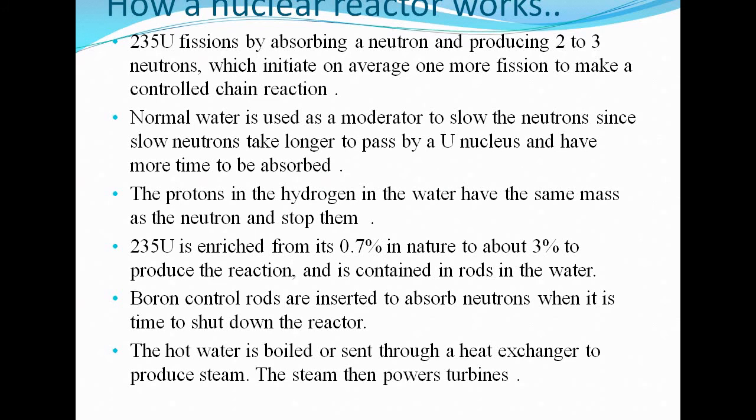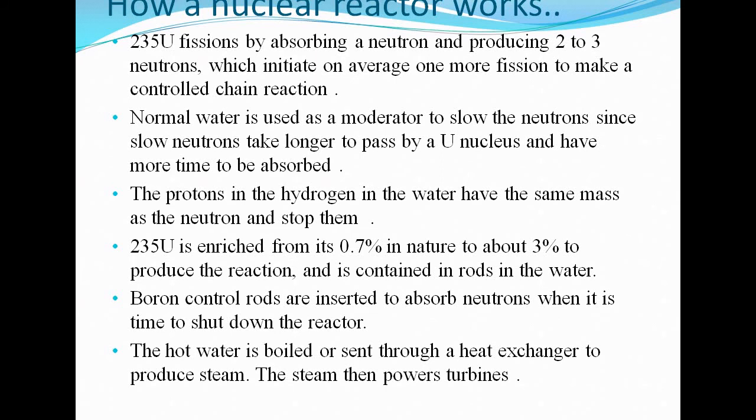Then boron control rods are inserted to absorb neutrons when it is time to shut down the reactor. So if we want to shut down the reactor, we have to stop the reaction. So we have to absorb, or stop, the neutrons.